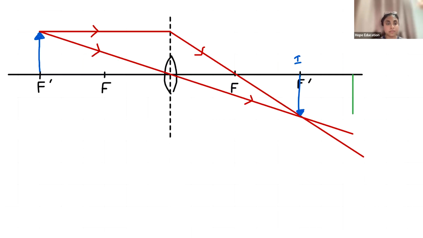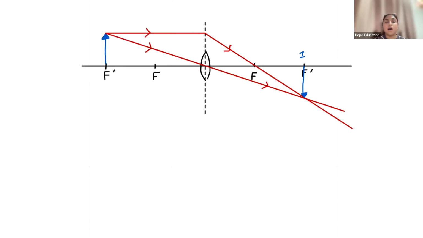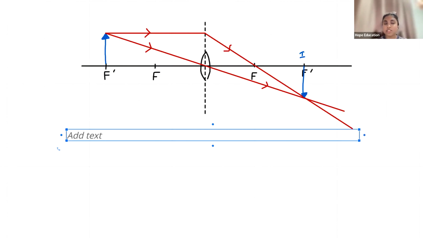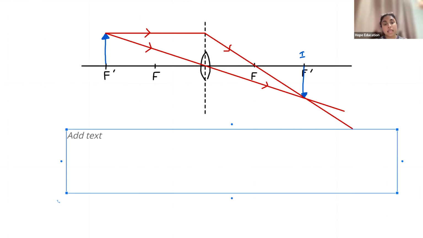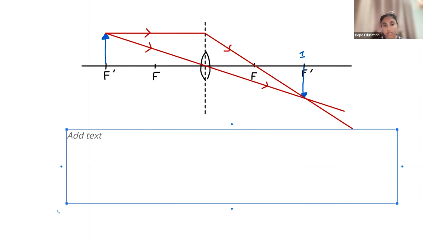So location, we'll rewrite this again: on the point that is twice the focal length on the other side of the lens. Then properties, now properties change a little bit. It's still a real image, it's still an inverted image, but it's not smaller than the object, it's the same size as the object.